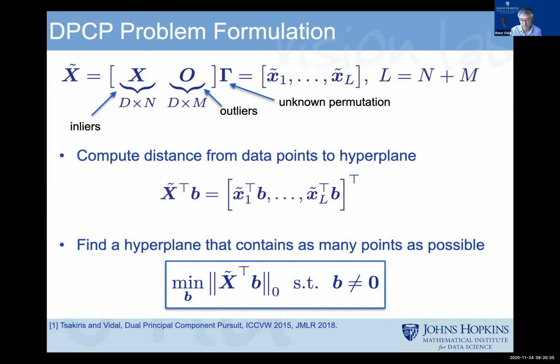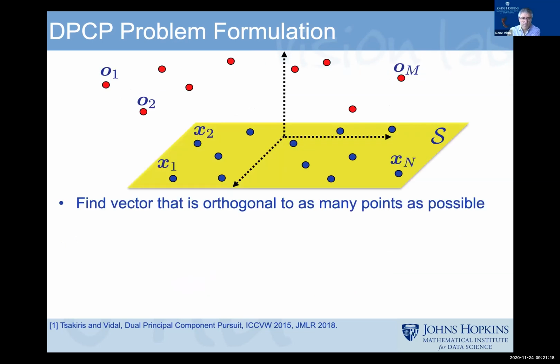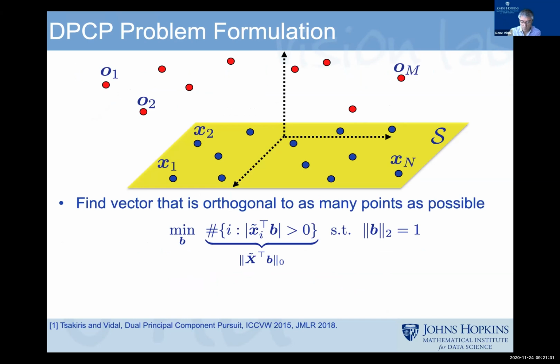So the formulation here simply is: find a normal vector B that contains as many inliers as possible, or in other words, minimize the number of outliers. Because the L0 norm doesn't depend on the scale, all we need is B to be non-zero at this level. But anyhow, another way to write this down is what I've written here. This is just counting the number of points whose distance to the hyperplane is non-zero.